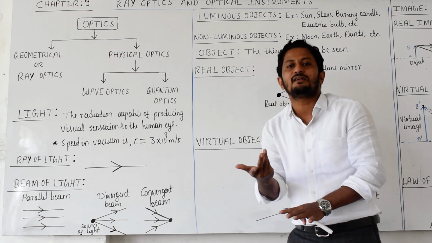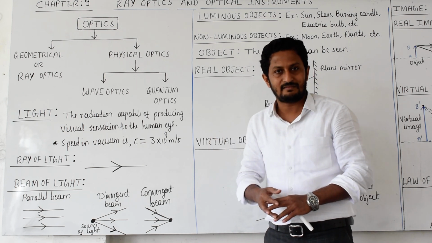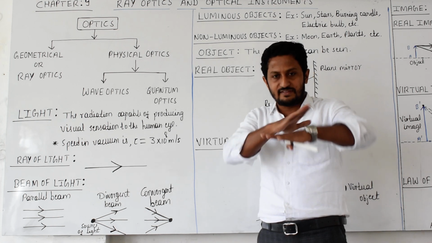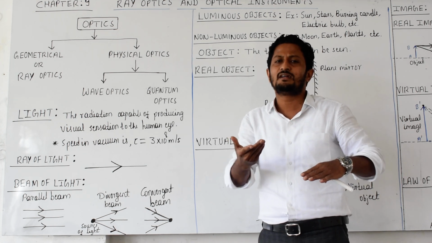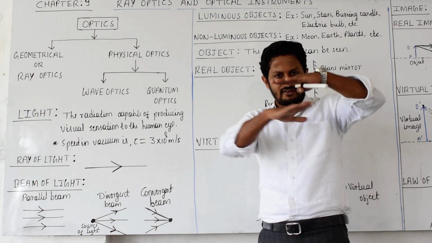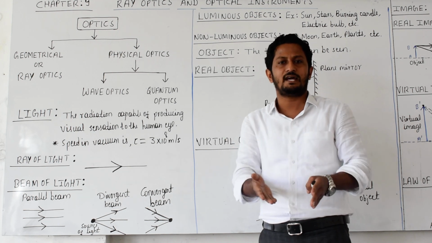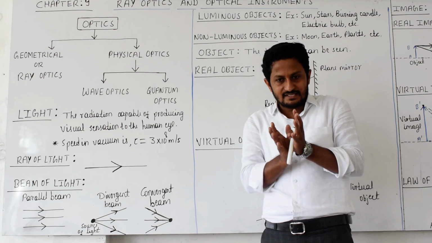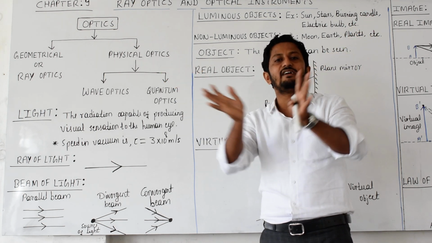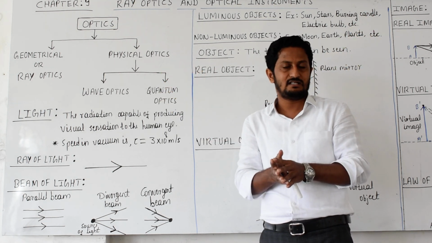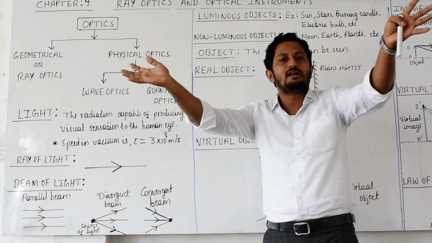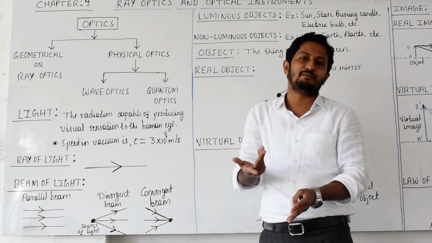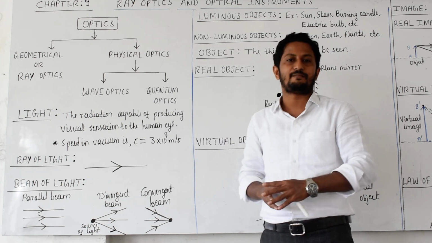Based on their appearance only we name them, based on how they are. If light rays are parallel, you call it a parallel beam of light. If light rays are moving away from each other, they are diverging, then you call it a divergent beam.